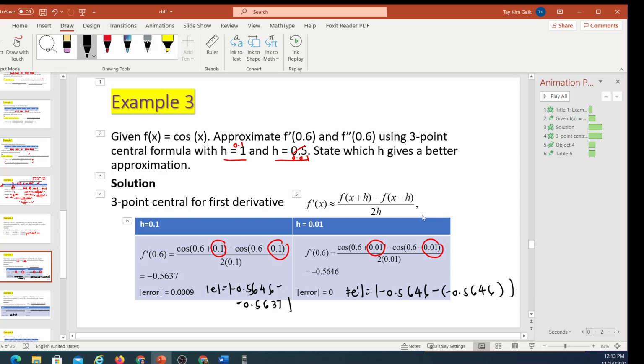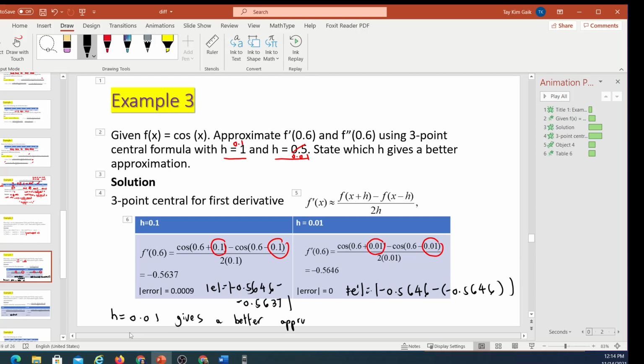Hence, the h that gives a better approximation is h equal to 0.01. To get a more accurate answer, we take the smaller h.